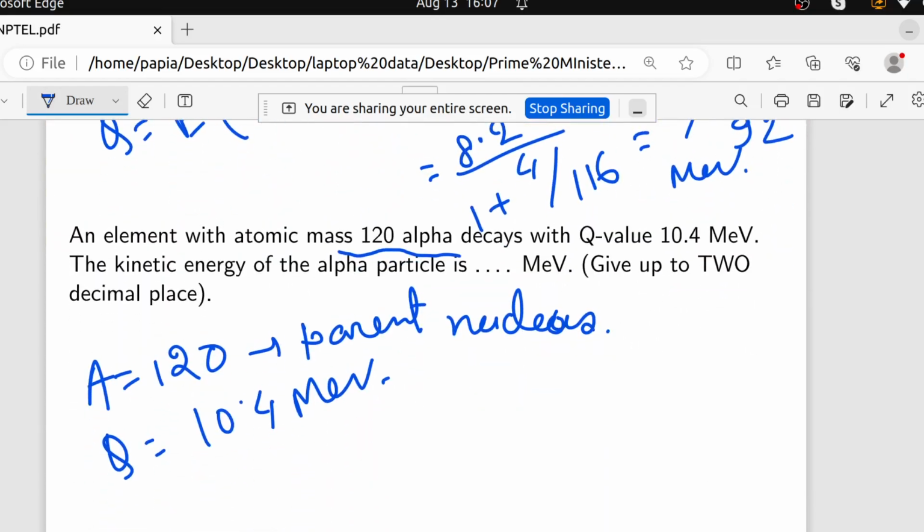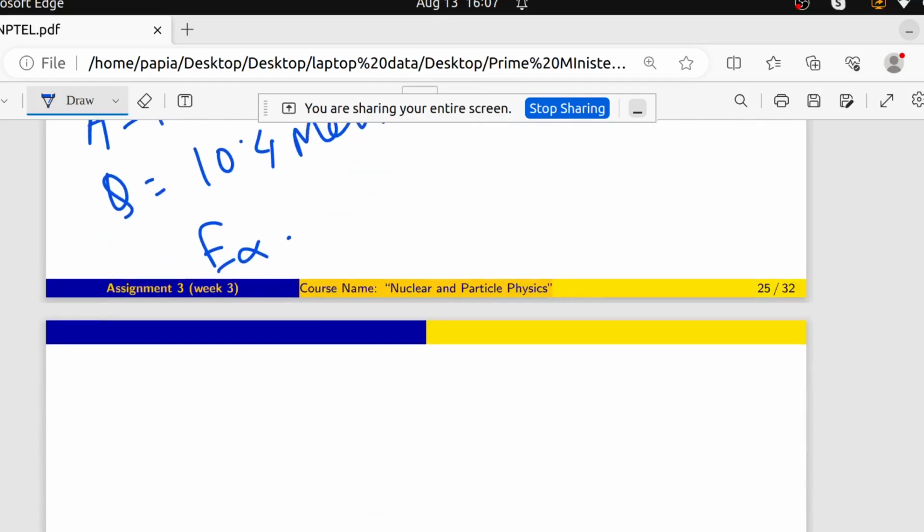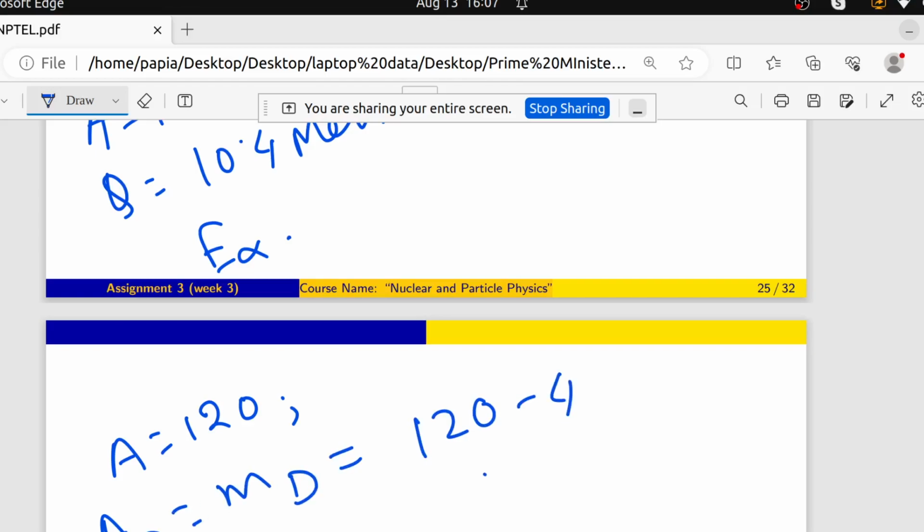They are asking about the kinetic energy of the alpha particle, that means E alpha. If A is 120, then M of the daughter is 120 minus 4, which is 116, right? And M of alpha is 4.